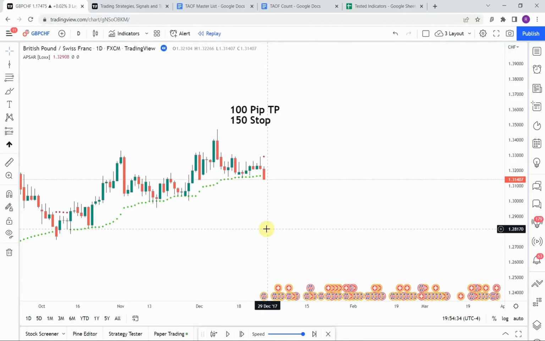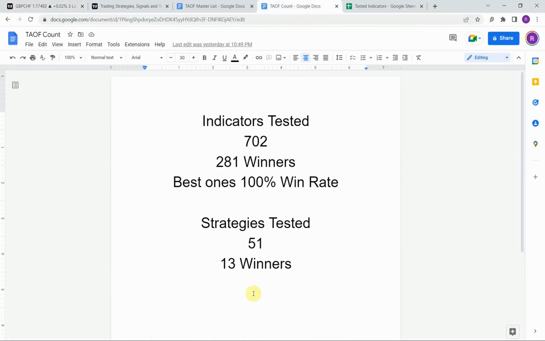As I said, today we will be testing the adaptive parabolic SAR. Before we do though, I wanted to put the testing scoreboard up for everyone to see. So to date, we have tested a total of 51 different strategies, with 13 of them being profitable. We've also tested a total of 702 indicators, with 281 of them being winners.